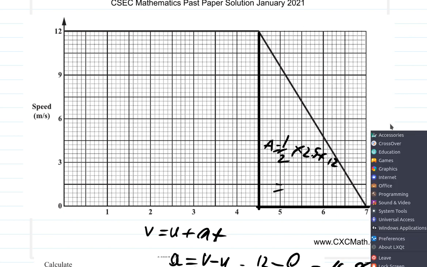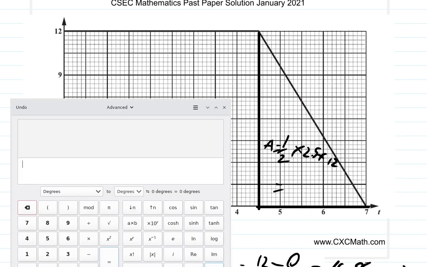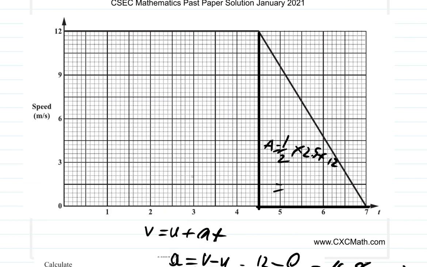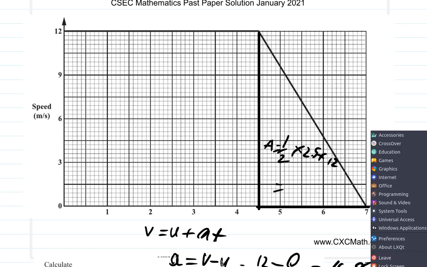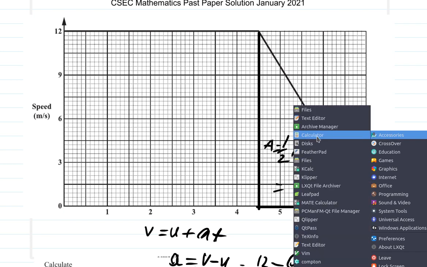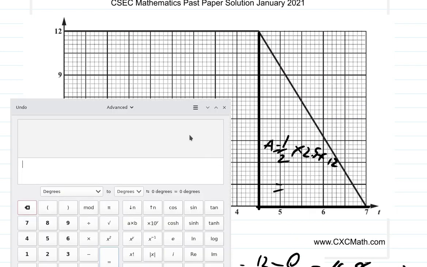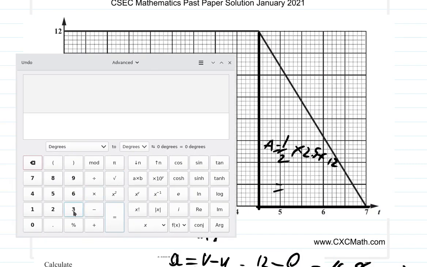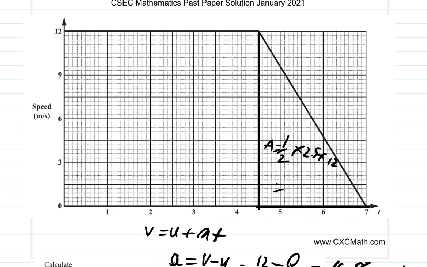Let's use the calculator. Half times the base 2.5 times the height of 12 equals 15. There are 15 meters. You would have covered 15 meters here.